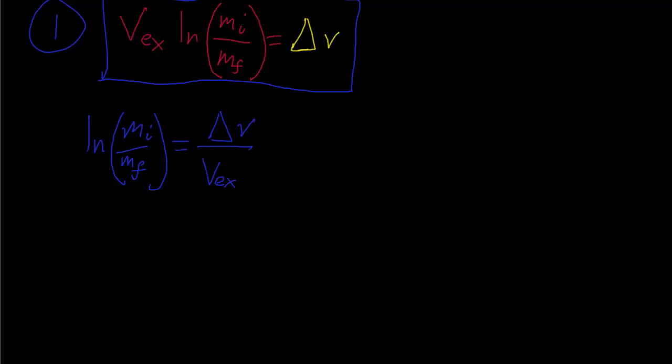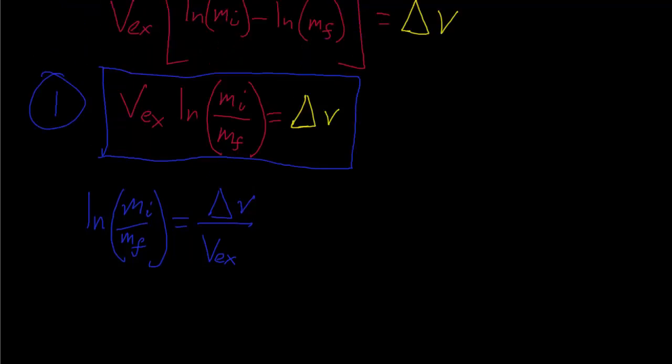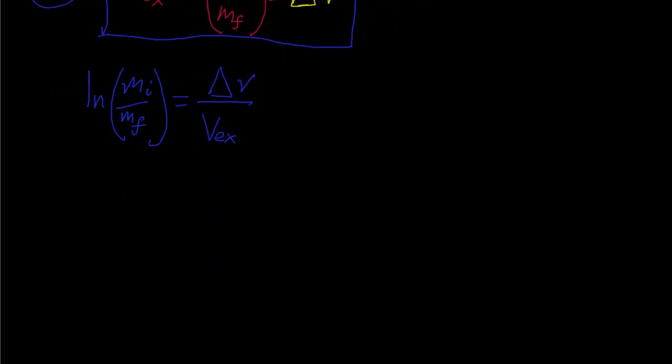And just to point out, this change in velocity is the change in velocity of the entire rocket, not just the nozzle or the propellant. The exhaust velocity, on the other hand, is the velocity of the propellant only. Just wanted to clarify that.